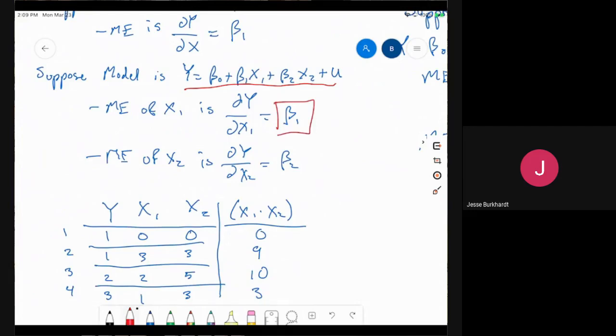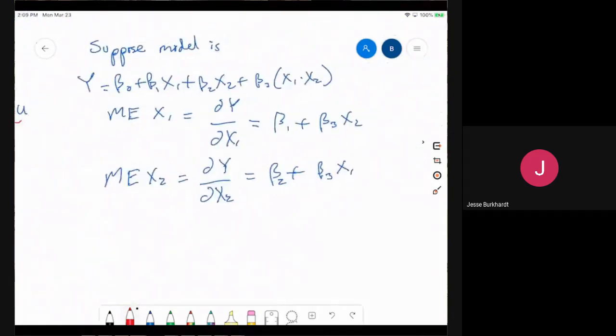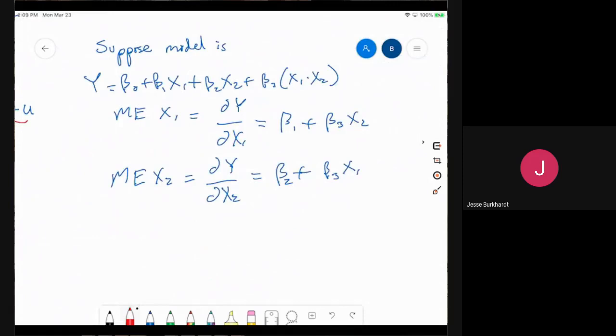It's conditional on x2, but it's not dependent on it. Suppose the model is this with an interaction term. I forgot to put the u on this. Now the marginal effect of x1 depends on x2. In other words, the effect of x1 depends on the level of x2.